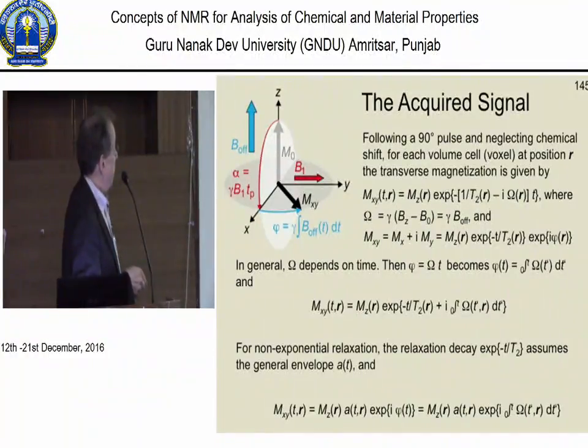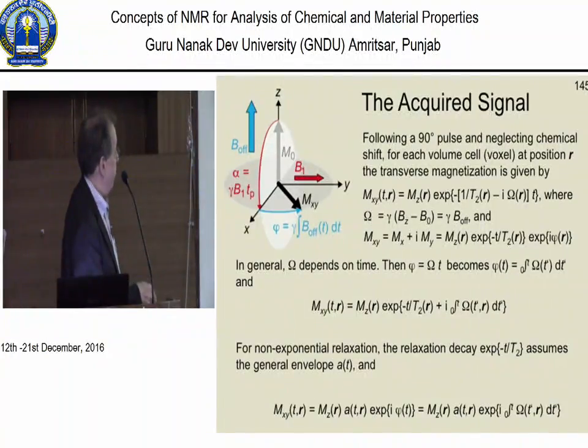And if we plug that into this equation over here, we come up with our transverse magnetization: that initial magnetization, the relaxation term, and there now is the integral of the precession frequency over time. And what we do in the following, we write that sum in the exponent as a product of two exponents.